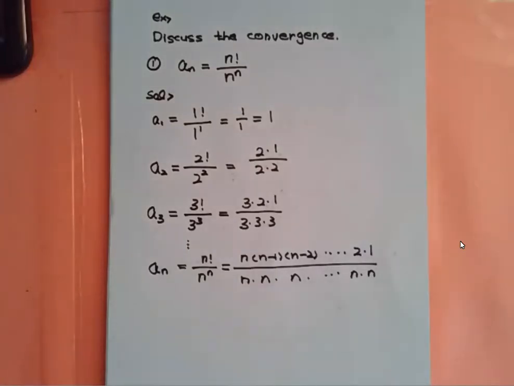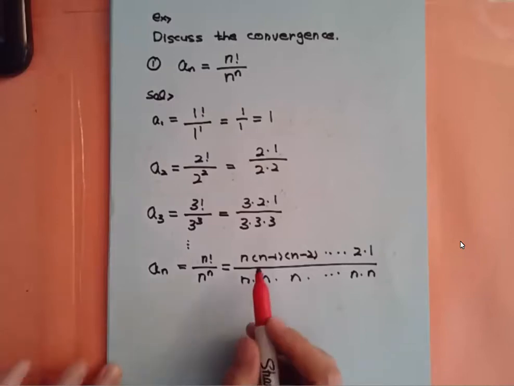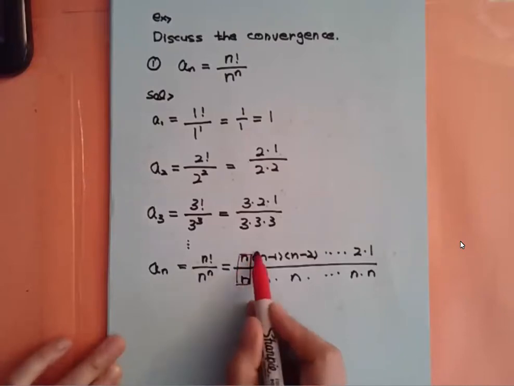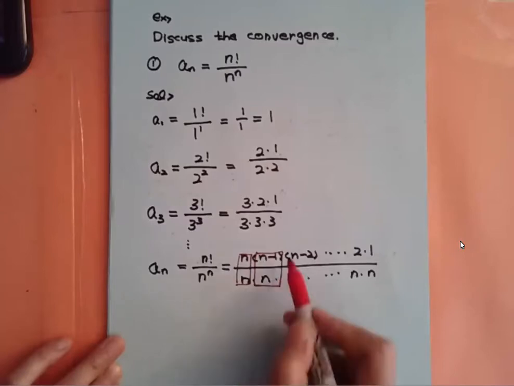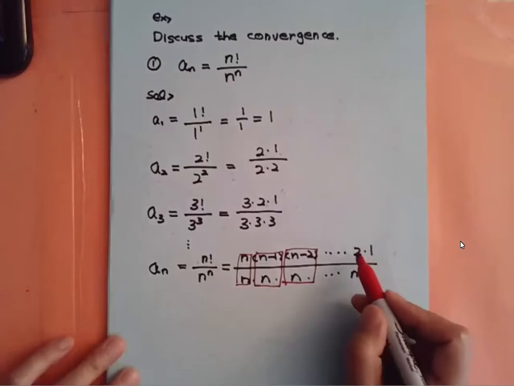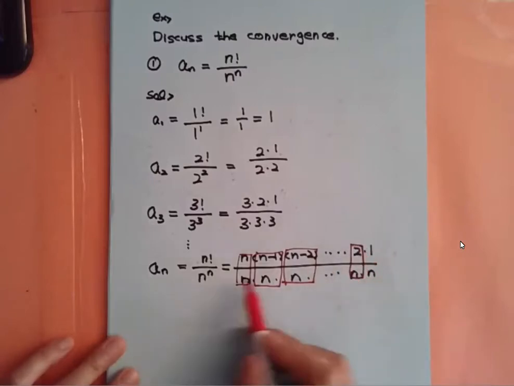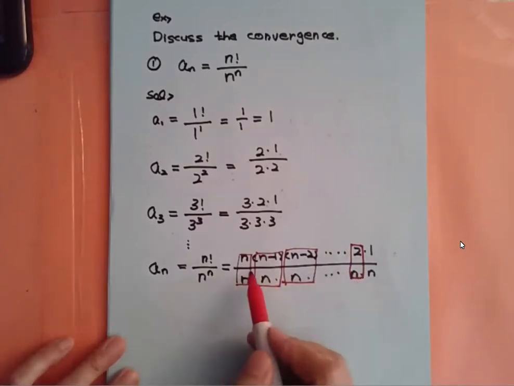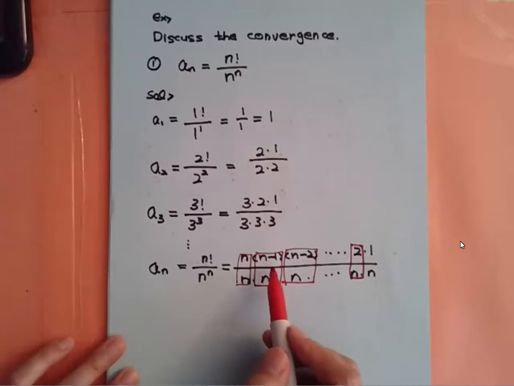So we want to look at the pattern. What's going on here is, we just combine like this: n over n, times n minus 1 over n, times n minus 2 over n, and so on, down to 2 over n, times 1 over n. The common aspect of those fractions is that the denominator is greater than or equal to the numerator.